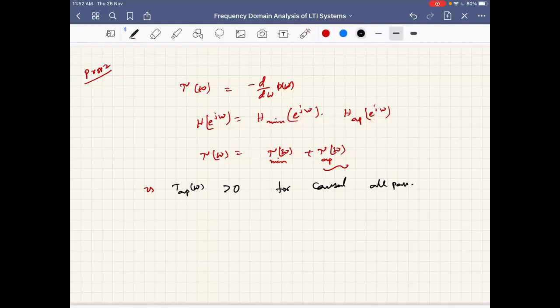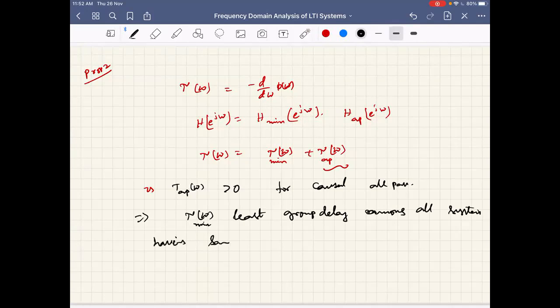Hence this implies that the minimum phase system has the least group delay among all systems having the same magnitude response.